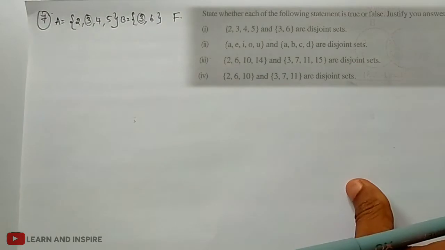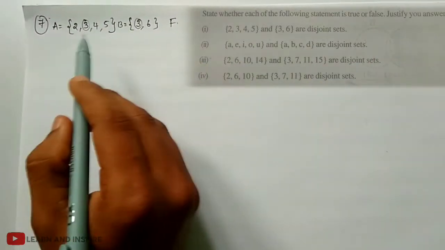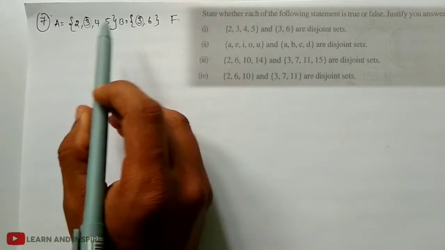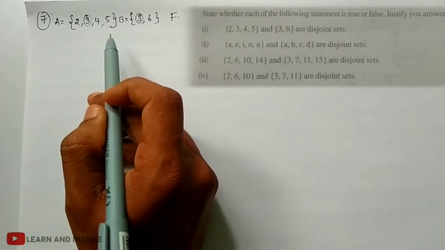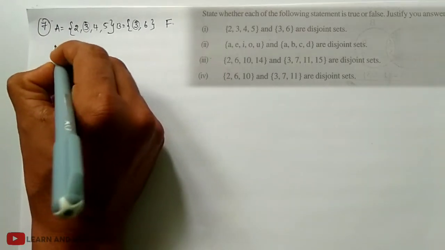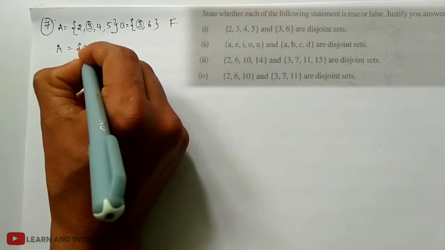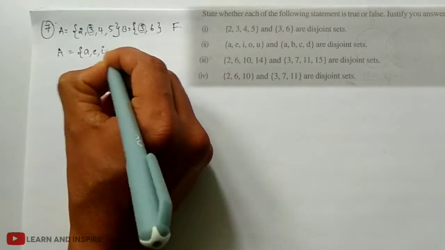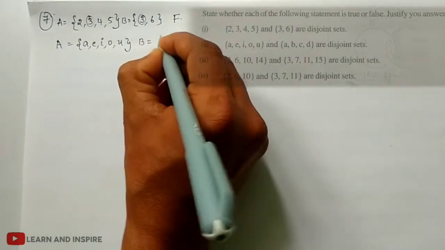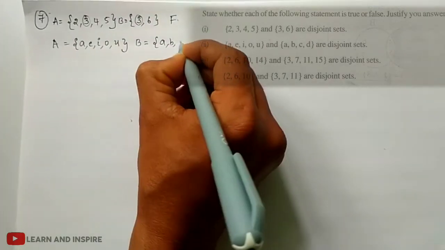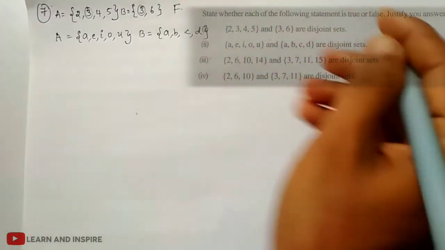So disjoint sets have no common elements in the first and second set, but we can see a common element in the first and second set, so it is not a disjoint set. The statement is false. Second one, set A is equal to A, E, I, O, U and set B is equal to A, B, C, D are disjoint sets.